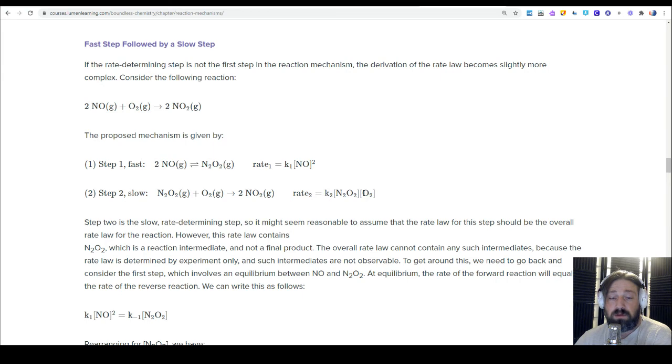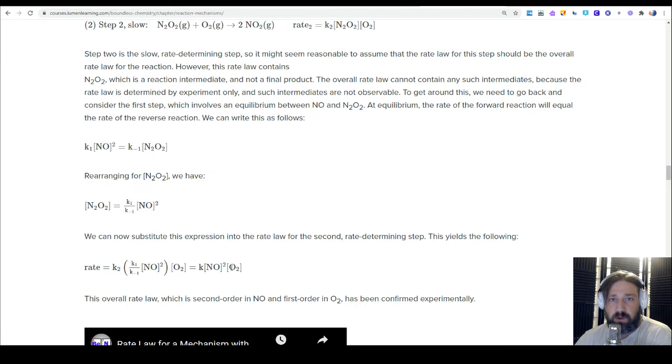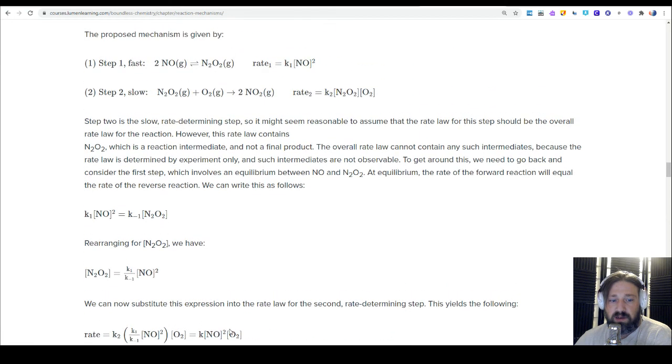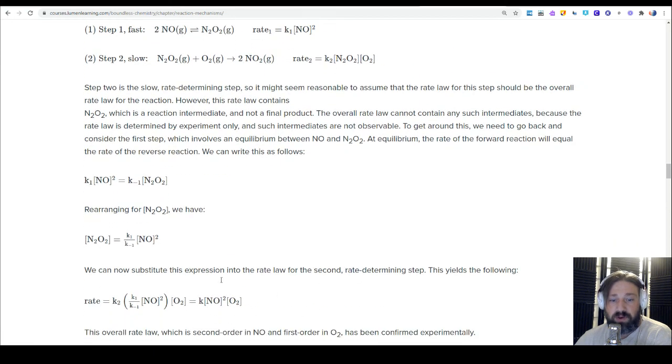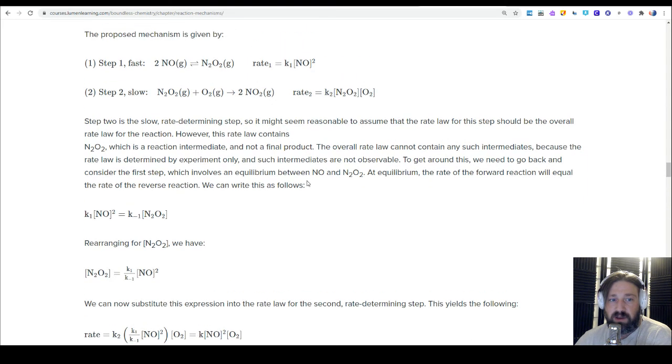Just two. So even though the overall reaction is third order, in the slow step there are only two molecules banging together. So this is bimolecular. Those are a couple things you need to think about and remember.